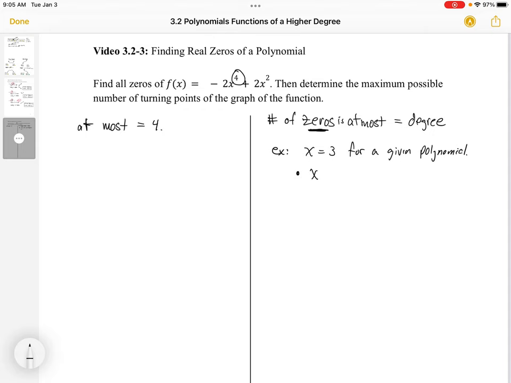That means x equals 3 is a zero of the function. Oftentimes we refer to that as a zero of the function. X equals 3 is a solution to the equation f of x is equal to 0, meaning if we set the polynomial equal to 0 and solve it, we would find that x equals 3 is a solution.